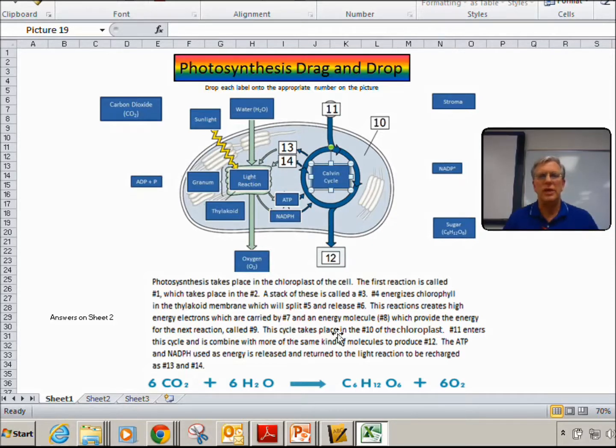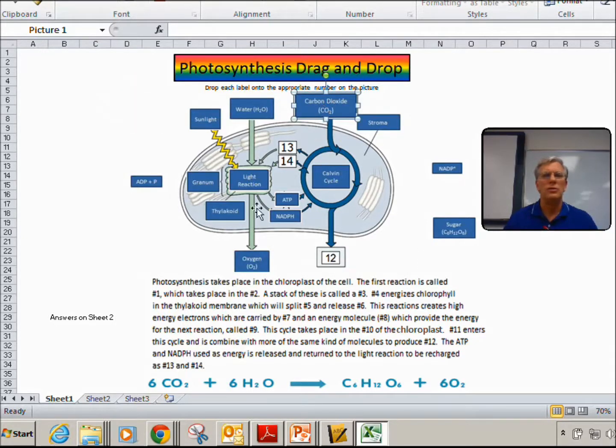This cycle takes place in the number 10 of the chloroplast, the stroma. 11 enters this cycle and is combined with more of the same kind of molecules to produce number 12. 11, carbon dioxide enters to create sugar, number 12.